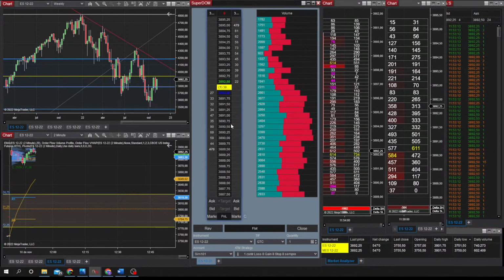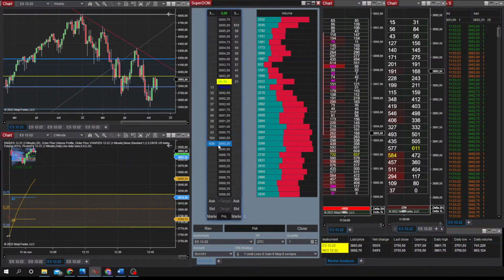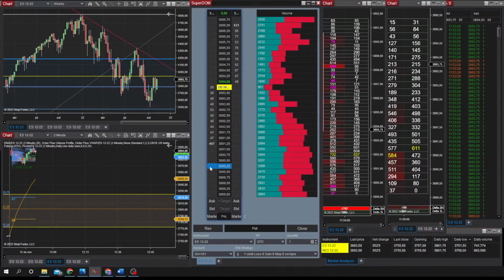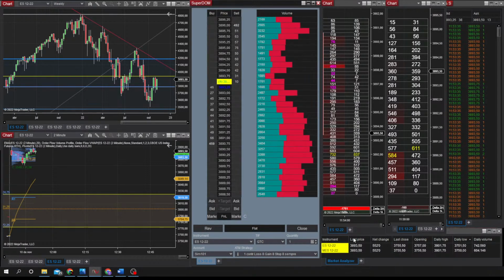But as I said before, we had here filled, you see here the number of contracts. We do not have a clear break here in the 3890 anymore. We no longer have this. So the 3890 became a bit dangerous to try to trade.